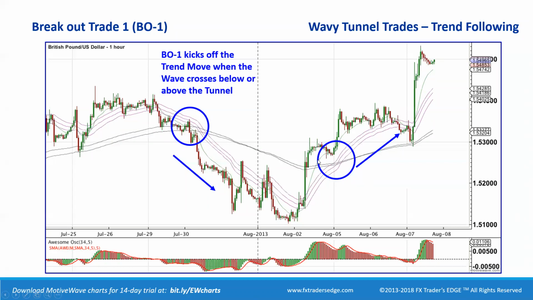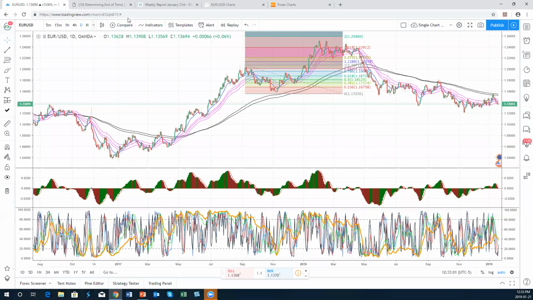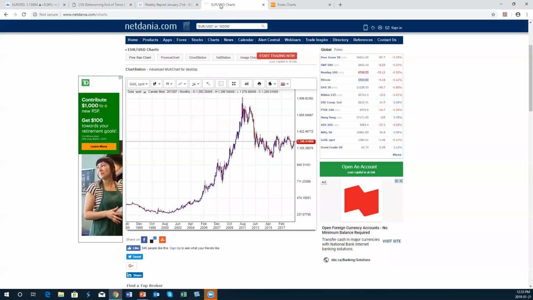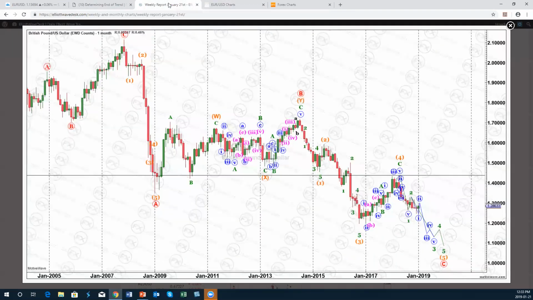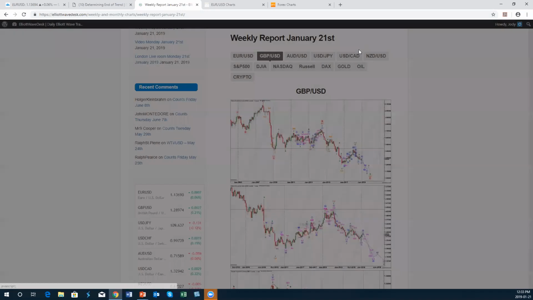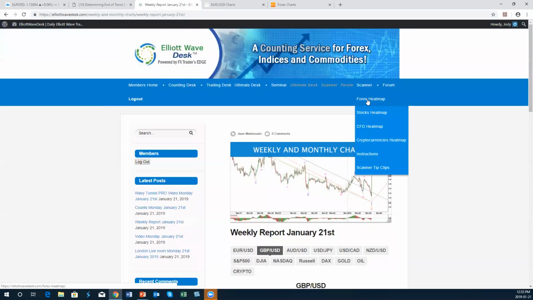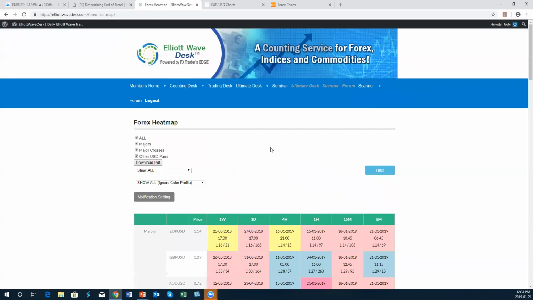Now, I just want to show you something, because the scanner is based off of the breakout one trade. If we go back to the scanner, okay, we have Forex, stocks, CFDs, and cryptocurrencies, but I'll just click on Forex for now.